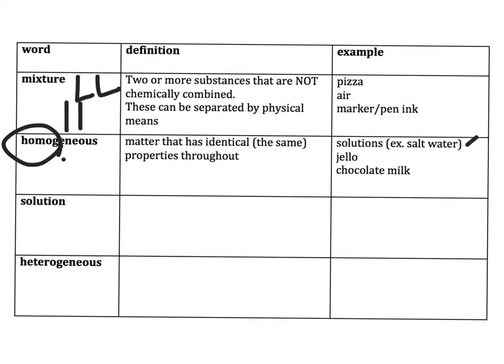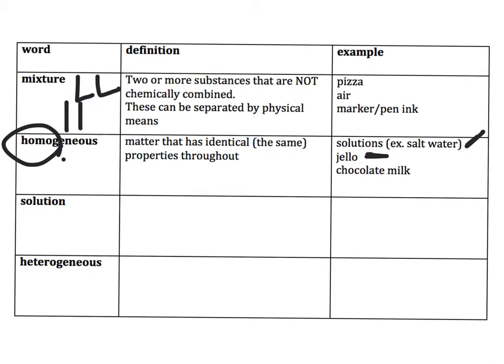Example would be salt water. I cannot see the salt that is in that glass of water. You could have a thing of salt water, a thing of tonic water, and I would not be able to tell the difference between them. Jello has the sugar in it. It has all that other stuff, the pigmentation, everything.